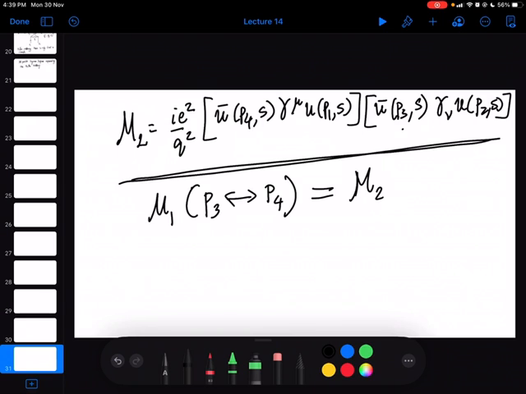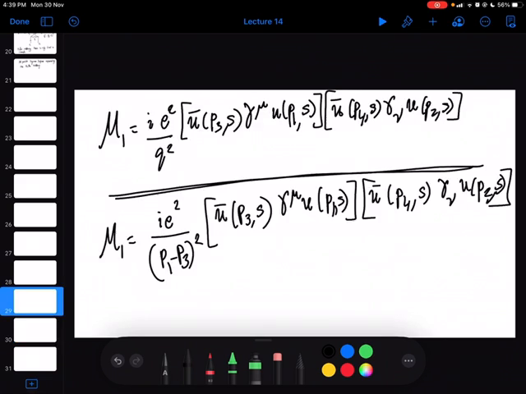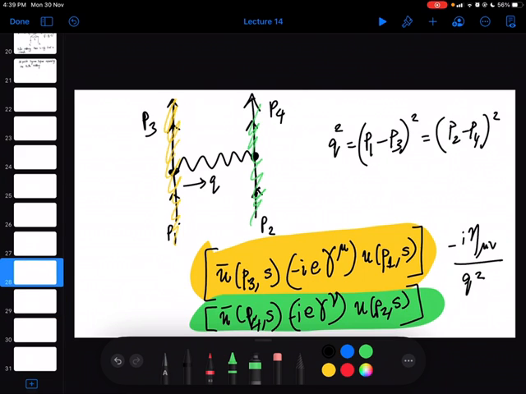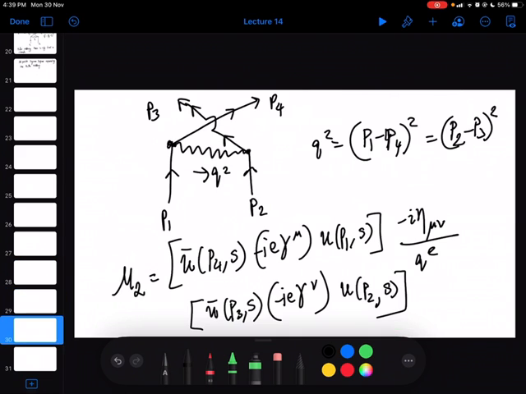Now M1 and M2 have relative minus signs. These two diagrams just change by interchanging two incoming or outgoing lines. In this case, it's the outgoing lines I interchanged. These are fermions which are interchanged, like outgoing electrons or positrons; in this case, it's just electrons.